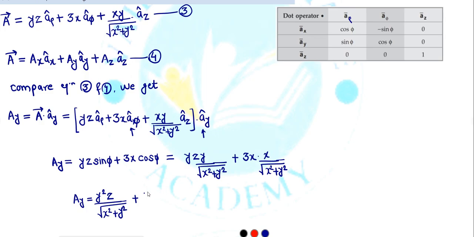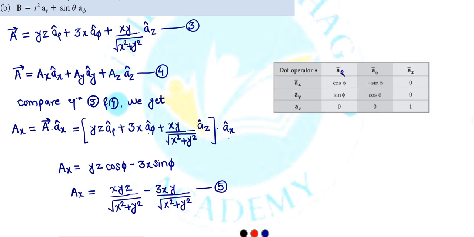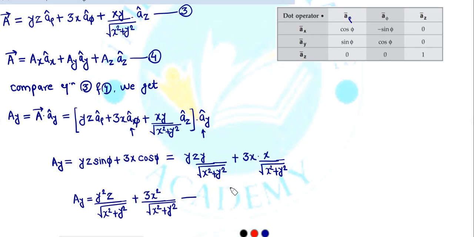So that will be 3x square divided by square root of x square plus y square. So say this to be an equation. I guess earlier we have assigned equation 5, isn't it? Okay, yes. So this Ay we are going to assign to be equation number 6.